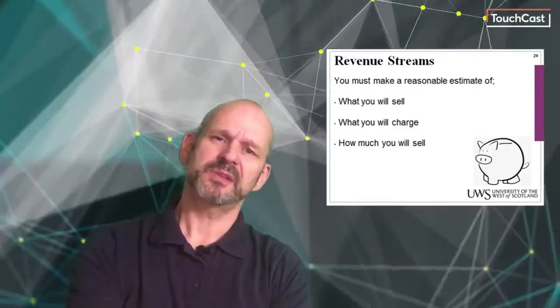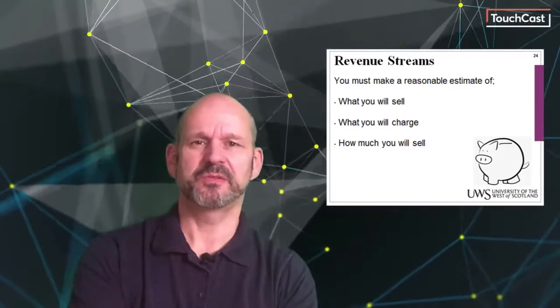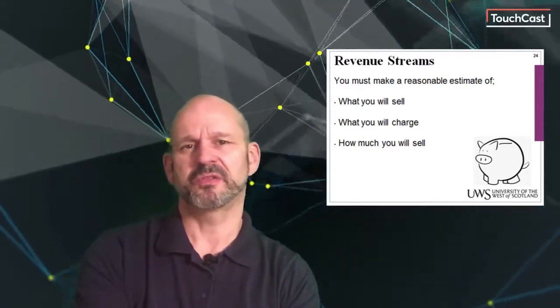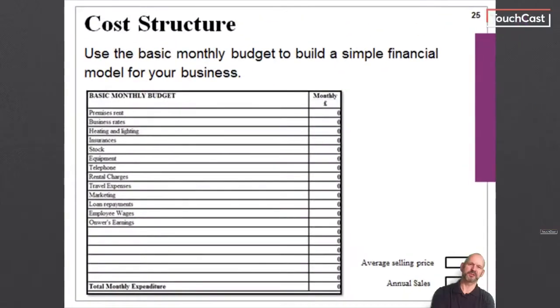So the following exercise is designed to allow you to build your own financial model for your chosen business idea in a structured way using a very simple template. And remember, you're not required here to complete a full business plan for this module. You're only being asked to provide basic financial information in your feasibility plan using the basic budget tool.